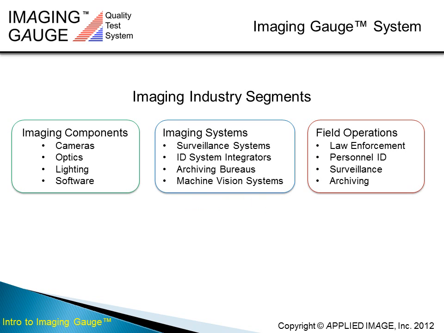Imaging systems, which are companies that integrate the components into systems: surveillance systems, ID system integrators, archiving bureaus, machine vision systems. And then the frontline operations, the field operations, where people are actually using those systems in order to process people or to do surveillance or archiving.